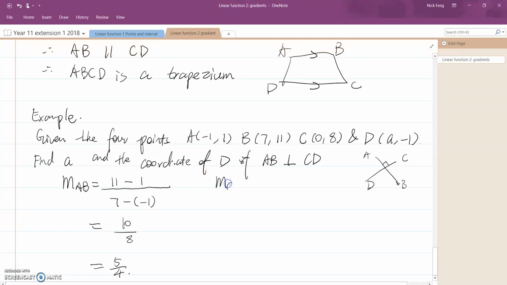And the gradient of CD on the other hand, we have -1 minus 8 over A minus 0. Now, unfortunately, we don't know A, but that's okay. We will figure that out in a minute. -9 on A, so that is -9 on A. Oops, my A looks like a 9.